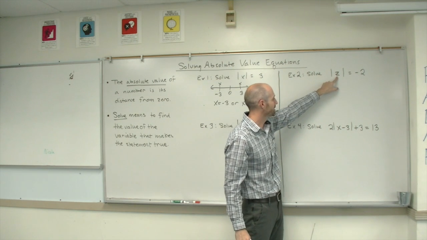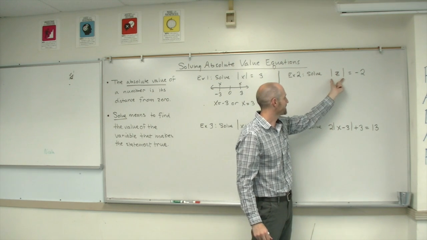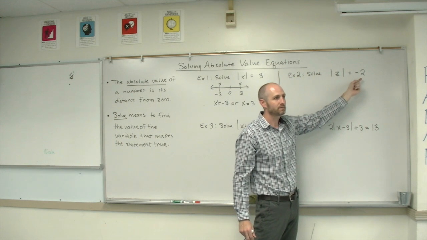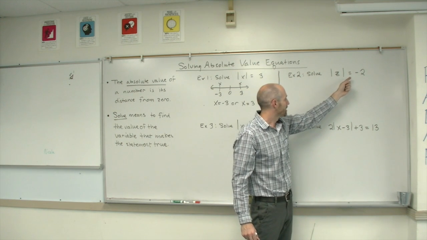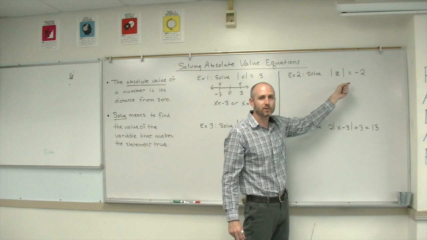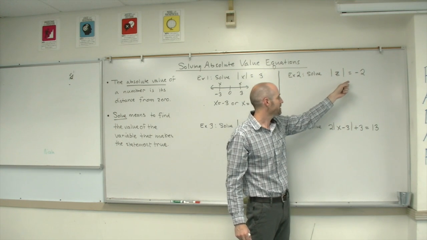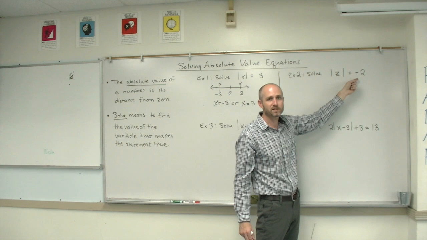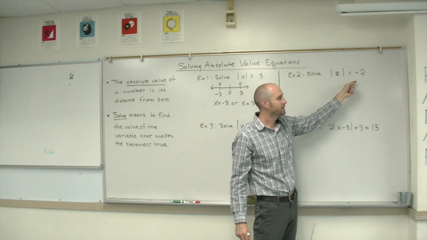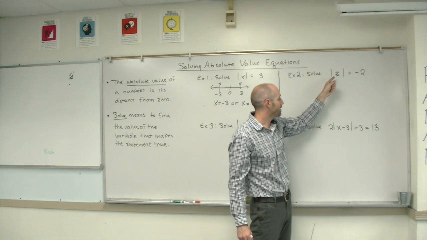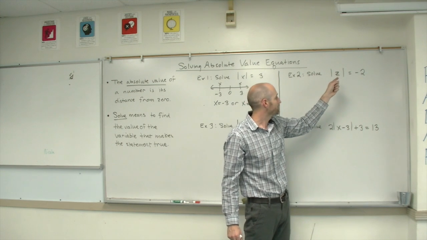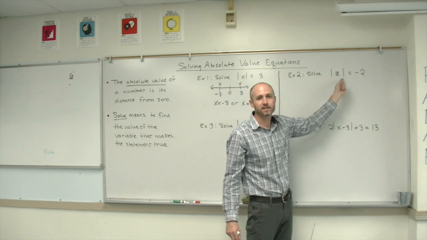Here's an unknown number. What this is telling us is that its distance from 0 is equal to negative 2. And right when you get to that point, you should be a little concerned, because this is telling you that the distance between two things is negative 2, and this doesn't make sense. There is no value of this variable that you could ever use to make this statement true.